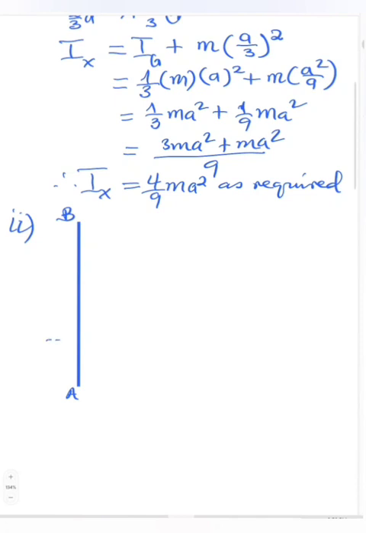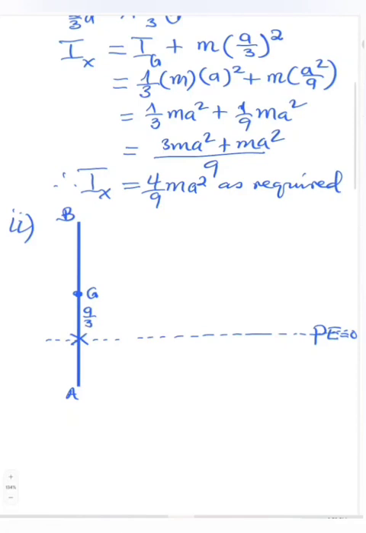So I can put it here: PE equals 0 level. And from there, it is always convenient to put the axis at that zero level. So if my X is at that zero level, then the center of gravity, G, is above it. From the analysis in the first part of the question, the distance between the center of gravity and the axis we had as a over 3.